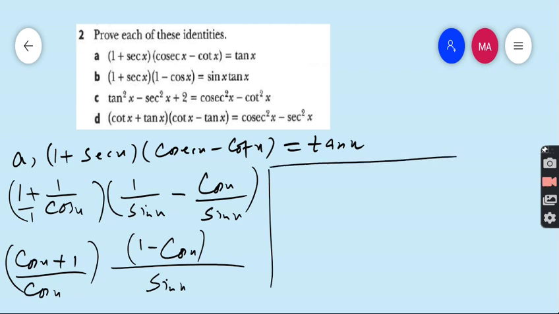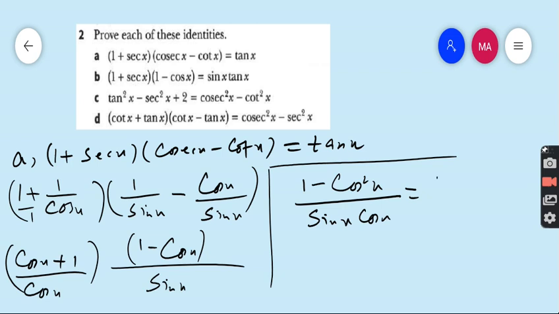Now, you know there is a formula: (a plus b) into (a minus b) is equal to a square minus b square. So (1 plus cos x)(1 minus cos x) is 1 square, which is 1, minus cos square x, upon sin x into cos x, which is sin x cos x.